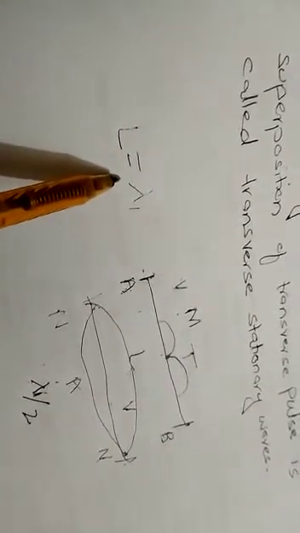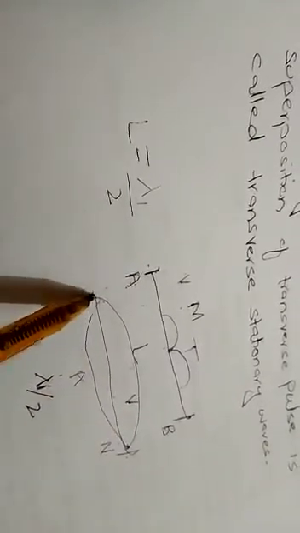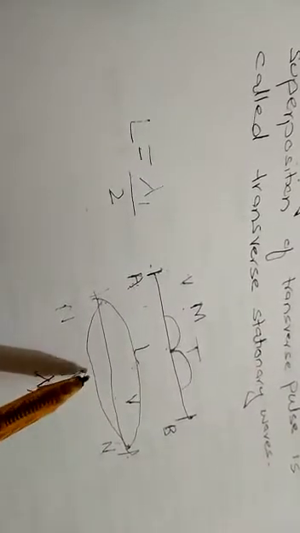So we can write the length of the string L is equal to lambda 1 divided by 2, because there is just formation of one loop and there are two nodes at the clamped ends, and there is an antinode at the central point.